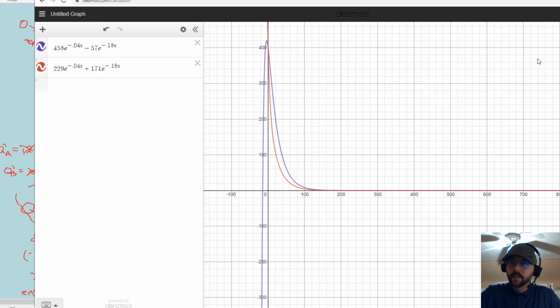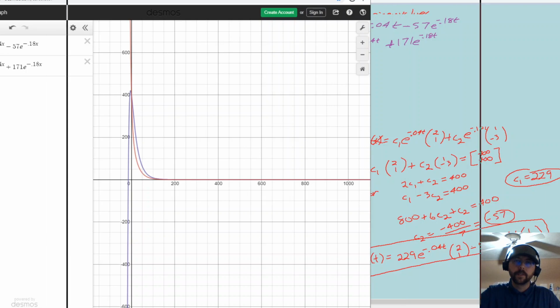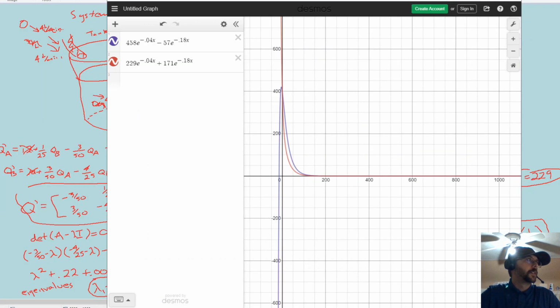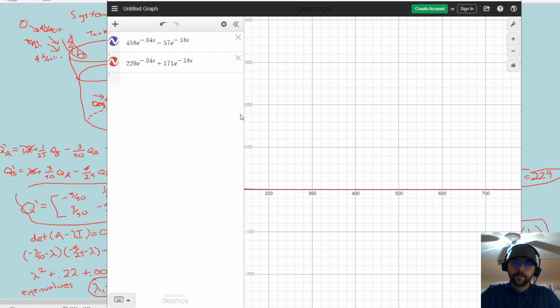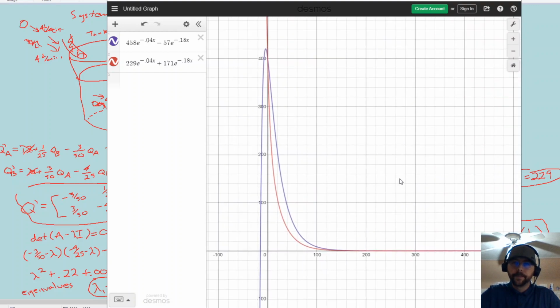I don't know why the zoom feature is all the way over there. That's what I should have done at the start of the video. There, now you can see the whole thing. As I zoom in, you can see kind of what happens.